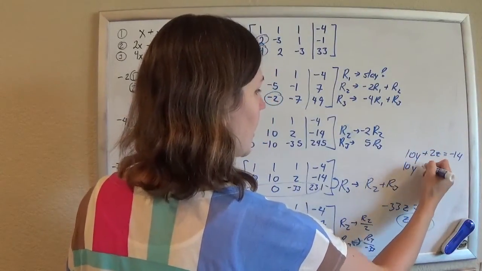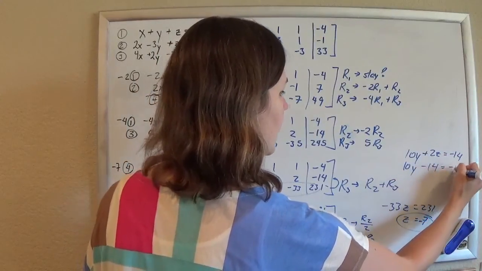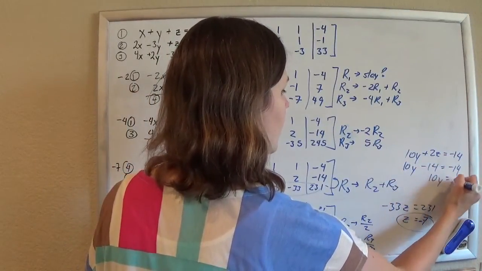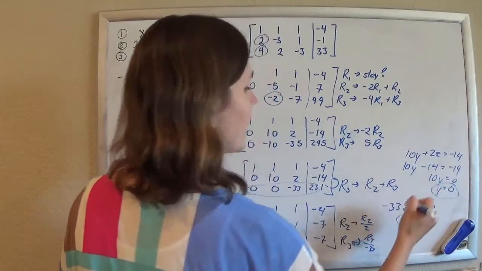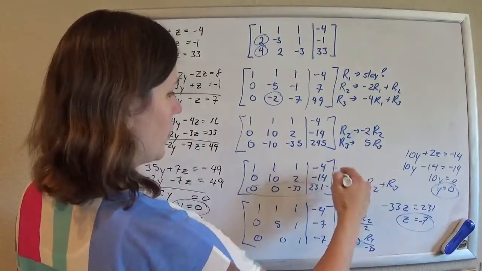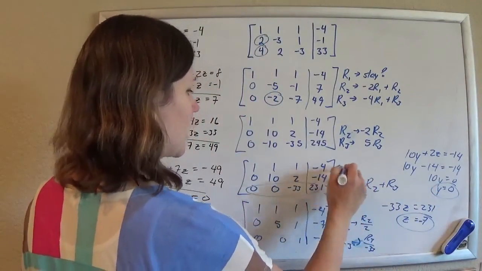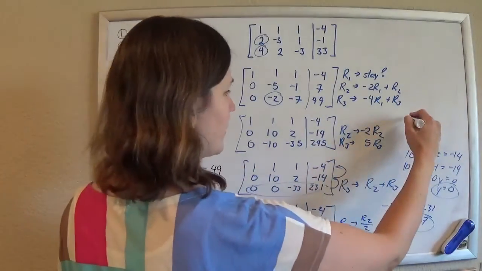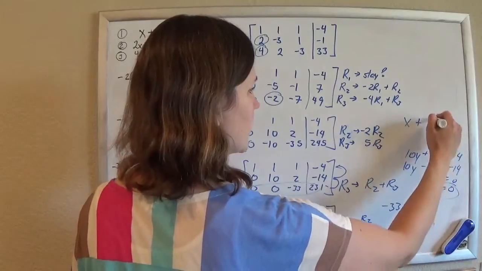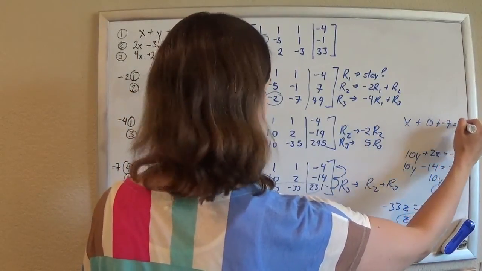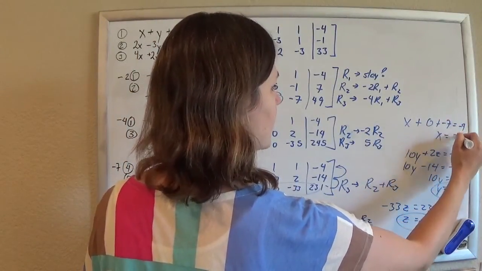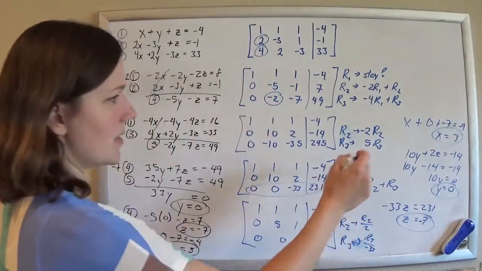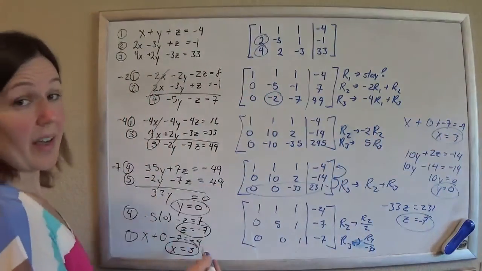So 10y minus 14 is minus 14. So 10y is 0, so y is 0. And then put those two back into the original. So x plus y plus z is -4. So x plus 0 plus -7 is -4. So x is 3.